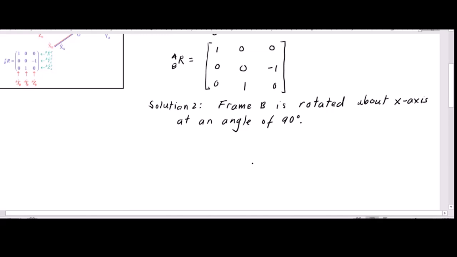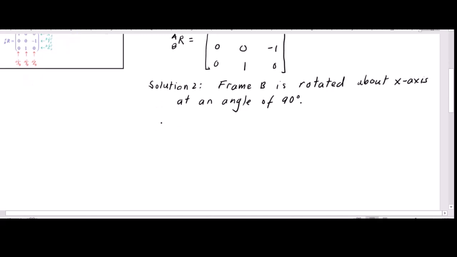Now we can prove that using the formula for the rotation matrix about the x-axis, R of x at an angle alpha.